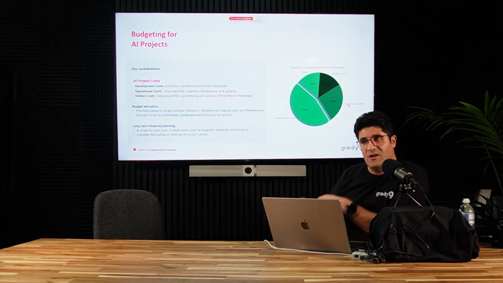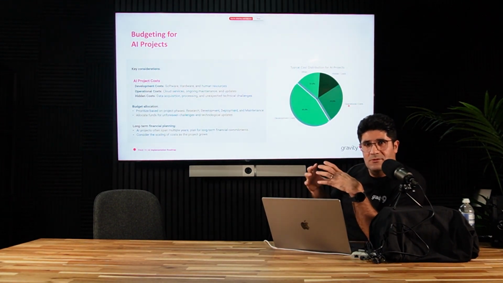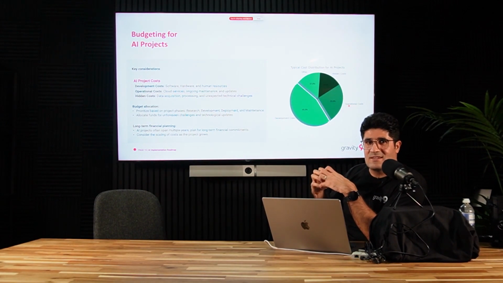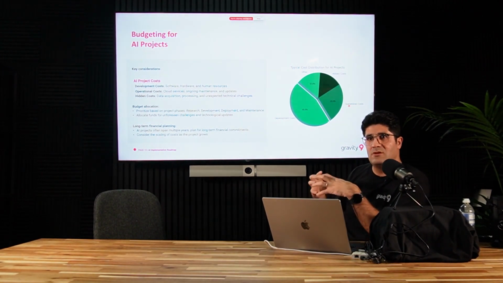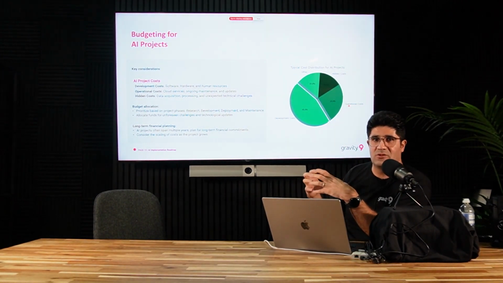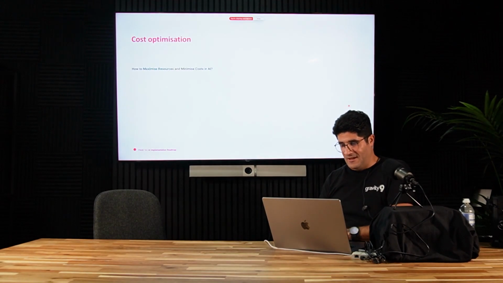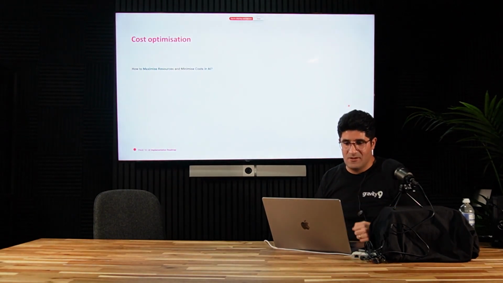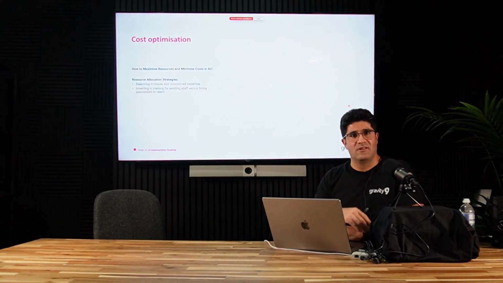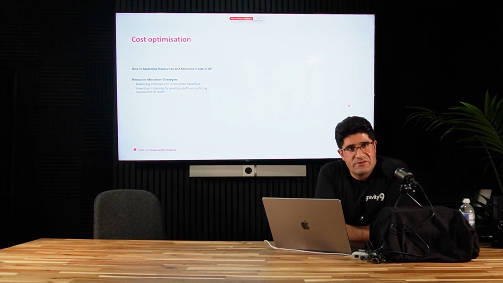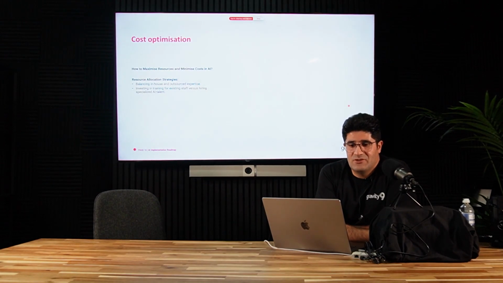And when you try to grow, I think scalability is another concept that should be considered during the budgeting. How will we scale our AI model systems? And some suggestions for cost optimization. The first thing is about the resource allocation strategy.